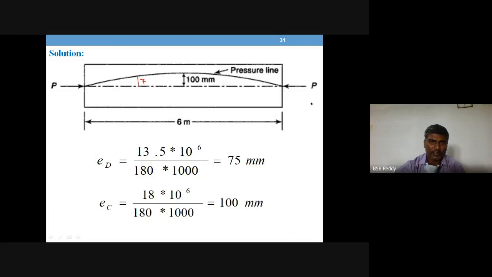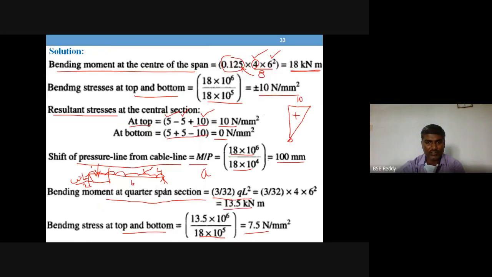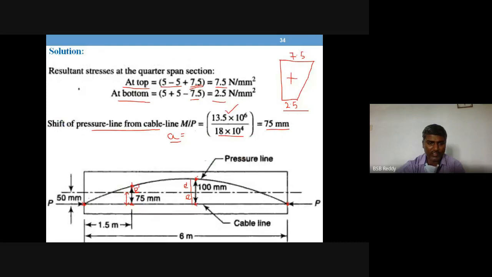Same values, so just bringing down the eccentricity. There is no change in the profile of the pressure line. Only the eccentricity value is incorporated. Hence the cable just shifted down.